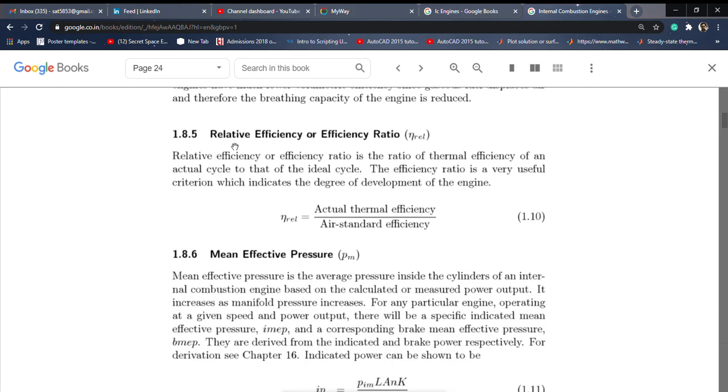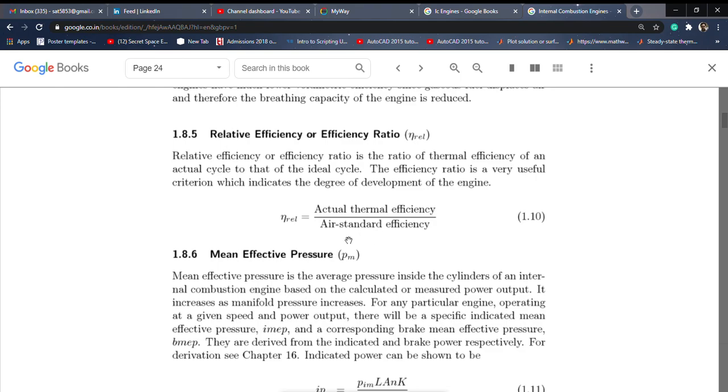So next is relative efficiency or efficiency ratio. Relative, as the term says, it is relative. Okay, so relative efficiency or efficiency ratio is the ratio of the thermal efficiency of an actual cycle to that of the ideal cycle. Okay, actual thermal efficiency divided by air standard efficiency.